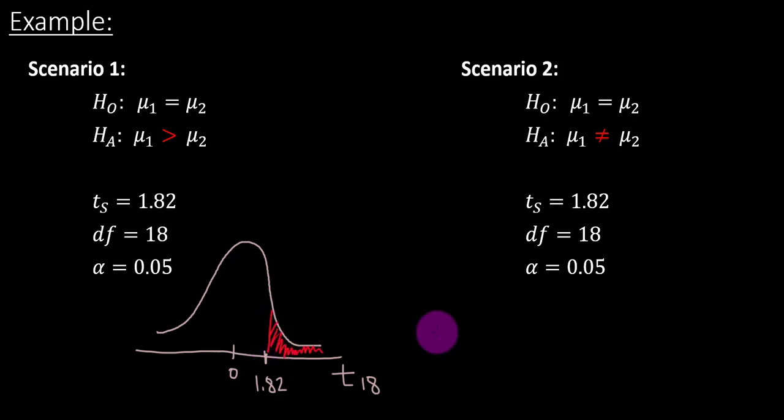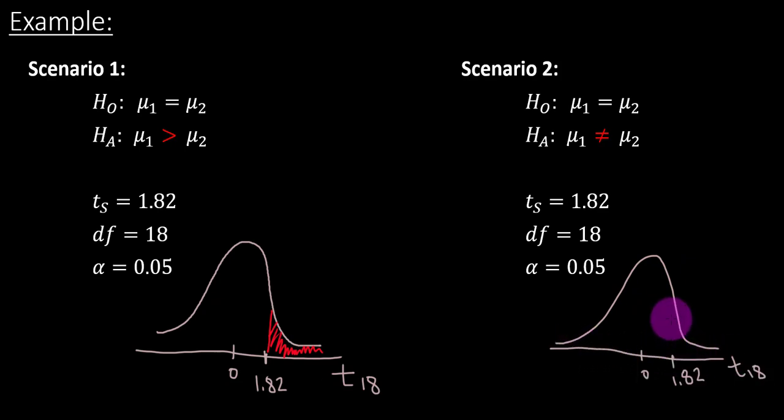In scenario 2, the image for reference here is very similar, but because it's a two-tailed test, we look in the two tails. So negative 1.82 is also a useful reference here. And the p-value would be both of these tailed regions, two-tailed test.